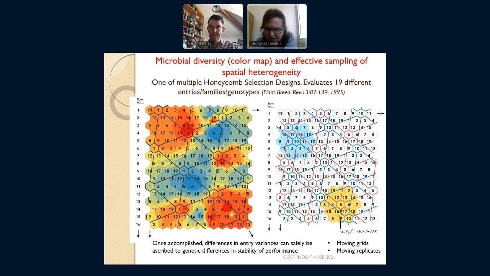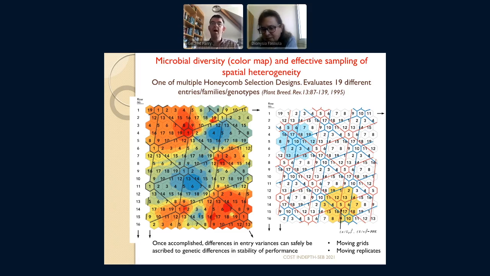I'll start saying something, but if I don't cover you, please ask again. Each number represents a single plant, but this is at least 1 meter distance from the neighbors. So there is no plant-to-plant interference. However, here a plant that belongs to the family number 1, or to the variety number 1, is positioned in a field spot where the red species of AMFs dominate.